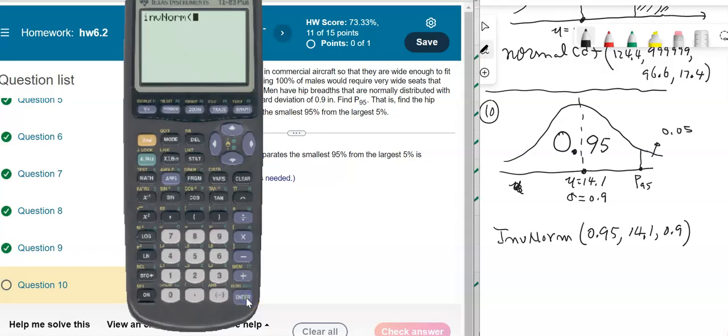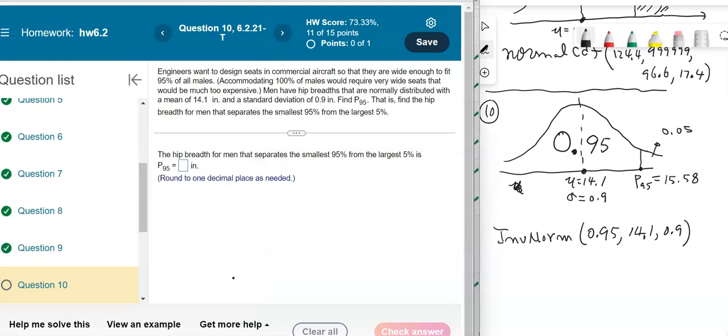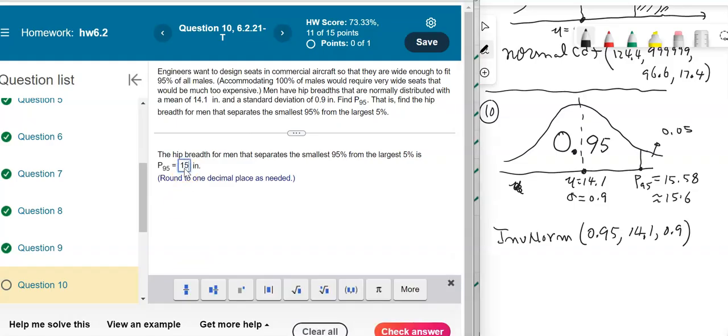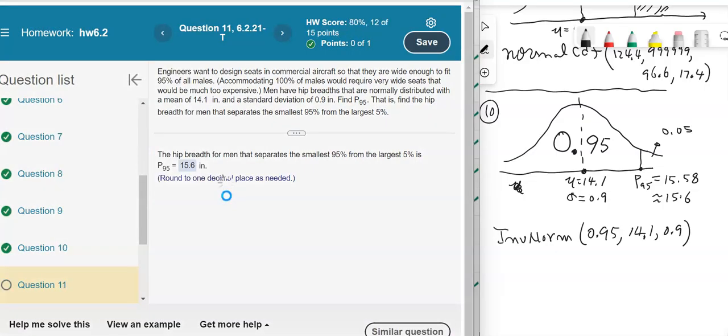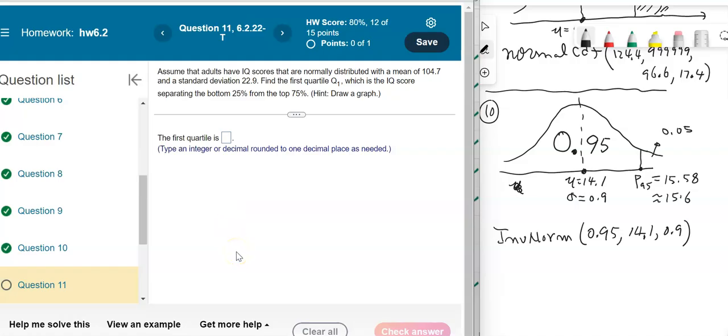And then in that order, 0.95, comma, 14.1, comma, 0.9. Then you get this point is 15.58. Then you write 1 decimal, so it should be 15.6. Okay. Question number 11.